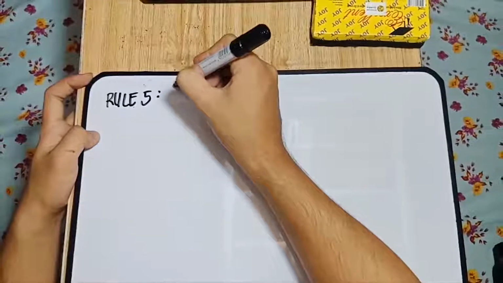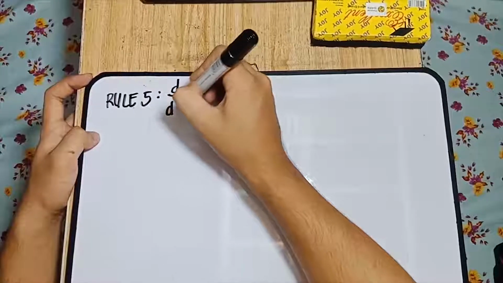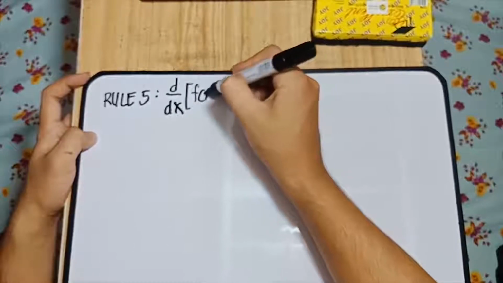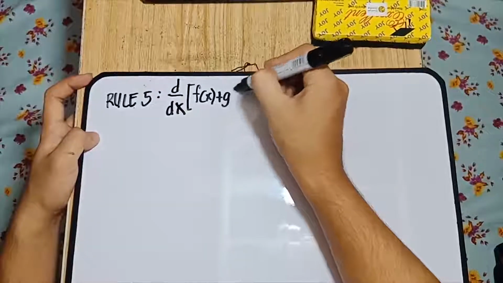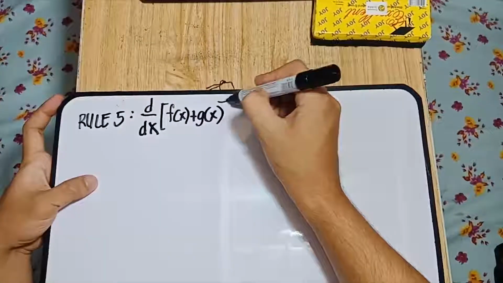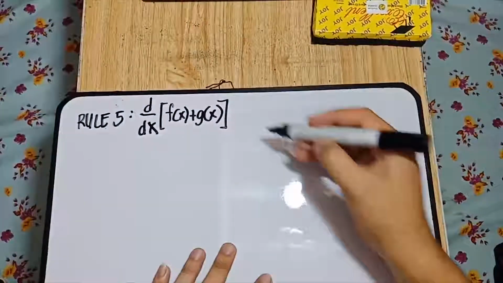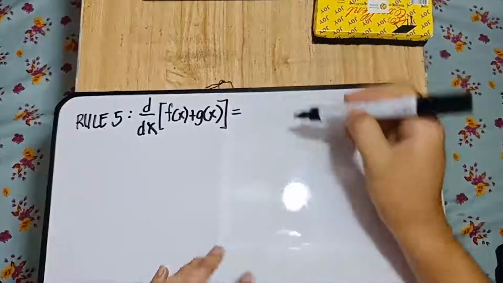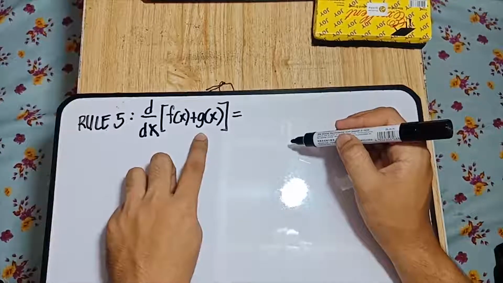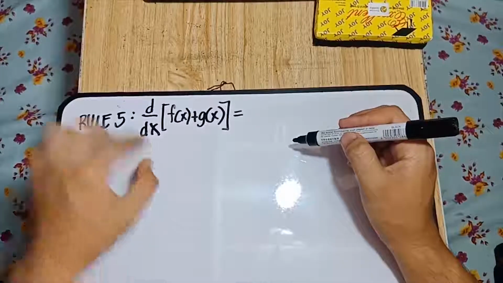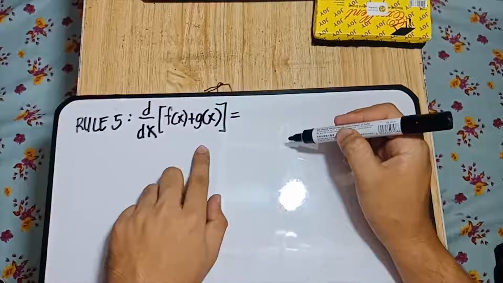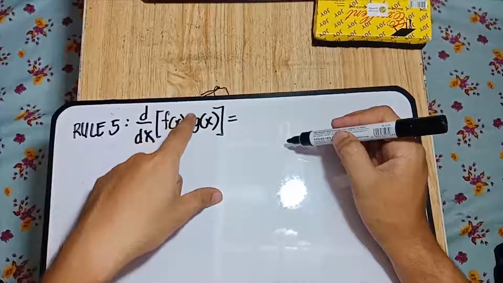So, ang derivative daw ng dalawang function, let's say f of x plus g of x, equals yung derivative ng f of x plus derivative ng g of x. So, pag hihiwalay, i-distribute mo lang yung derivative na to dun sa f of x, tsaka yung dun sa g of x.